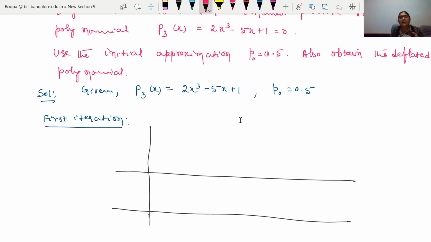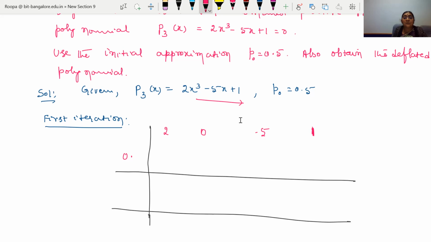The cubic polynomial is already in decreasing order. Therefore, the coefficient of x cube is 2. x square is absent. Whenever any term is missing, you write its coefficient as 0. Next, the coefficient of x is minus 5. The constant coefficient is 1. If any coefficient has a negative sign, you write the negative sign also.